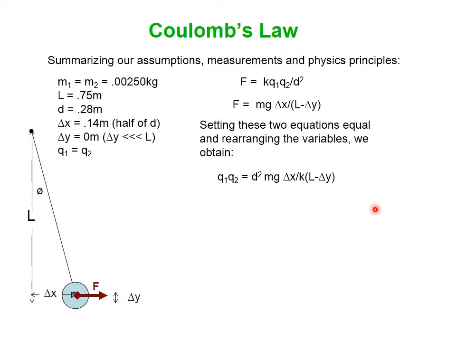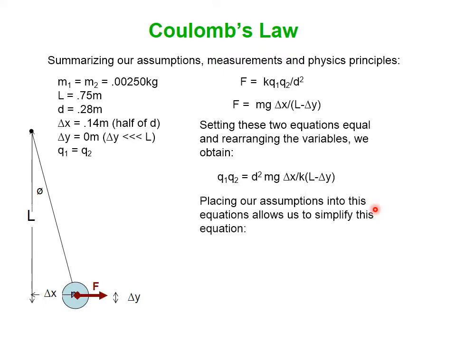Placing all of those assumptions and approximations in, our equation simplifies to Q squared equals, there's the D squared times D over 2, D cubed, there's the 2, and the delta Y goes away, so the denominator is 2KL. Take a moment to see that you agree.